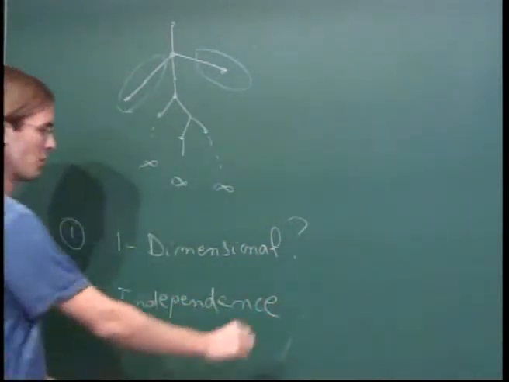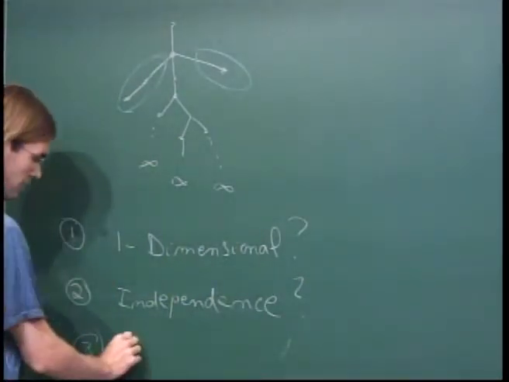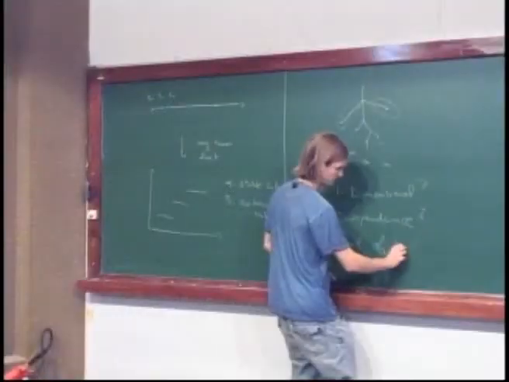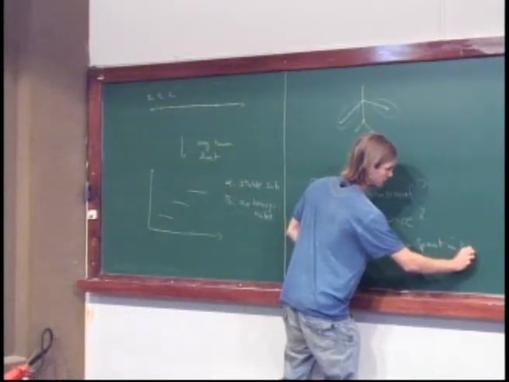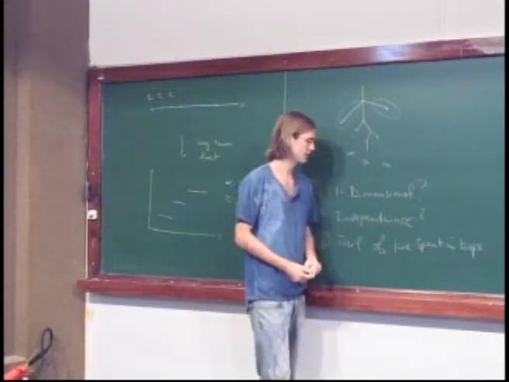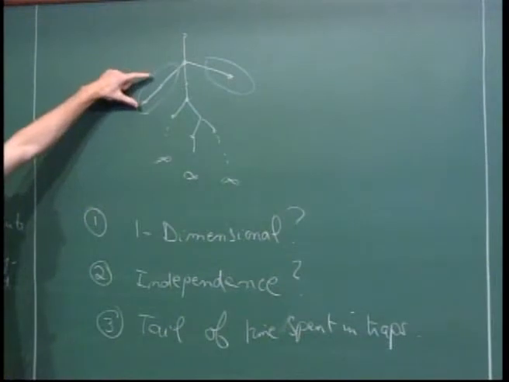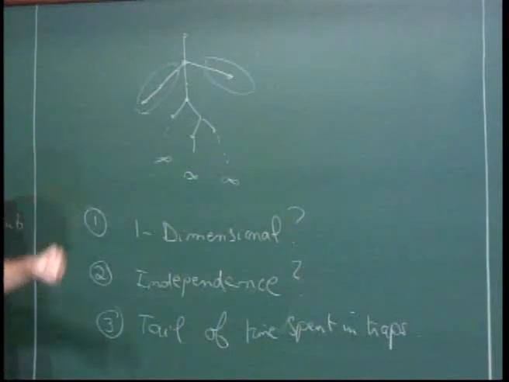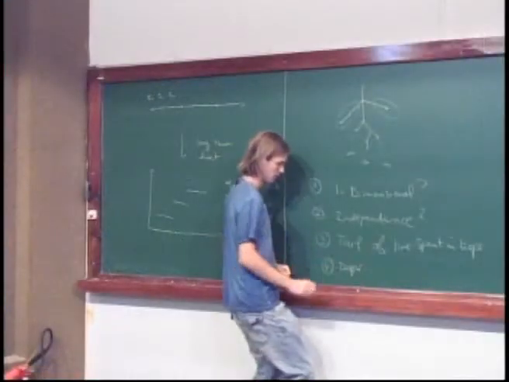So why is there independence? And another key question is to understand the tail of the time spent in traps. In particular, show that it's heavy-tailed. And also one other kind of minor aspect is to show that, well, in this case, the traps are not points, so they're actually like subtrees. So why can you say that traps are points? This is really a minor issue, but I'll still go over it.